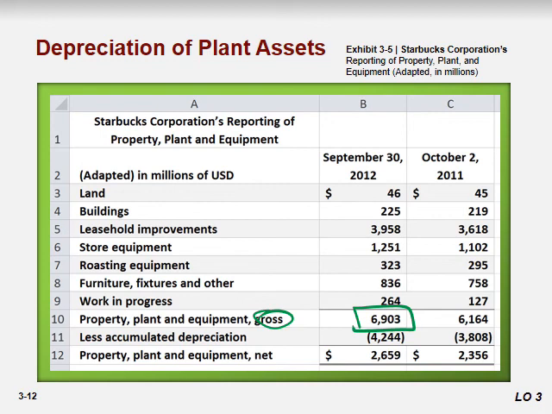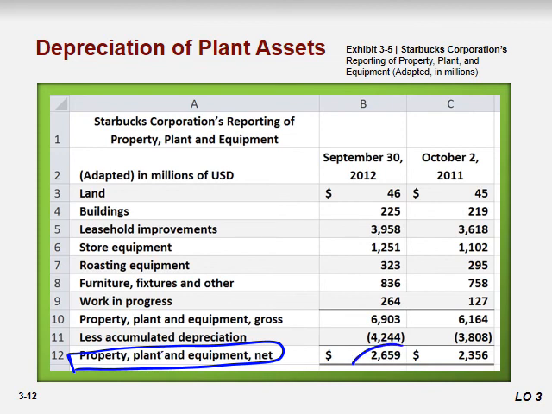Line 11 gives you the accumulated depreciation, which is 42,400, a companion account of the property, plant and equipment. Line 12 shows the net value of the property, plant and equipment, which is 2659. Right? This is how Starbucks Corporation reports its property, plant and equipment.